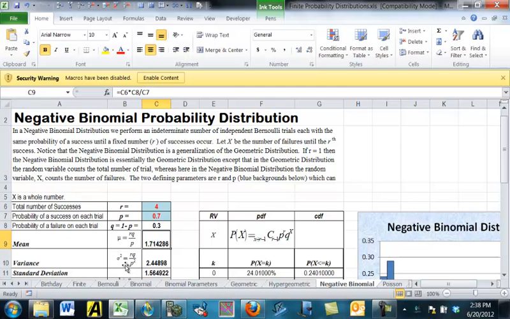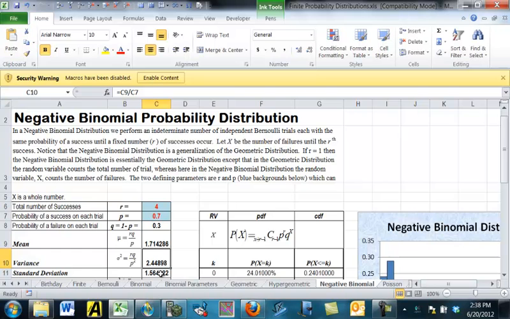It turns out that the variance is rq over p squared, and so I used that formula. Of course, rq over p is just the mean, so it's just the mean divided by p. That's another way to say it. And that's actually what I did here. I took the mean, C9, and divided by p, which was C7.